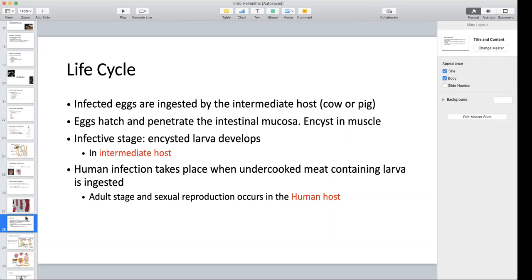You have to include those details. You can't just say undercooked meats, because if it's undercooked, it doesn't necessarily tell me that these meat are infected with these larvae. So human infection takes place when undercooked meat containing these larvae are ingested. But that final step or developmental stage for becoming a mature worm takes place in the human host.